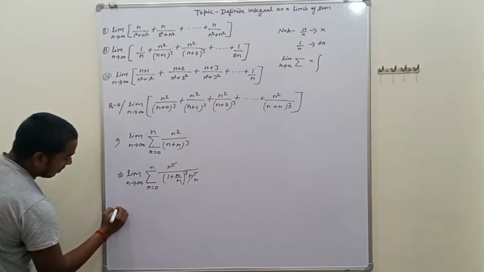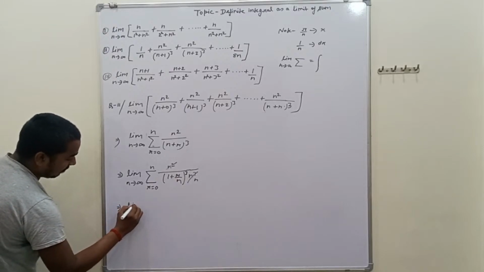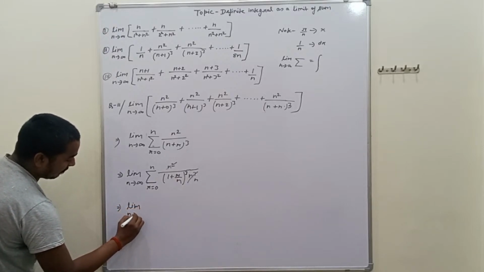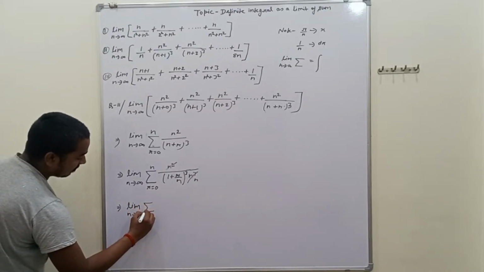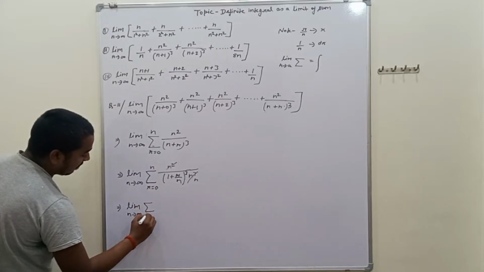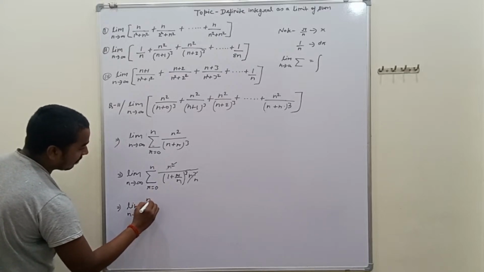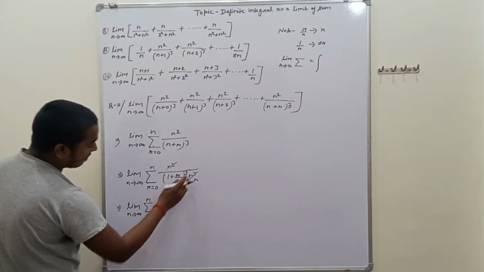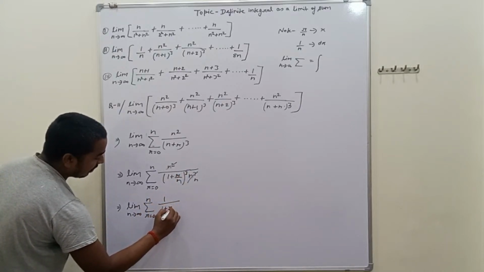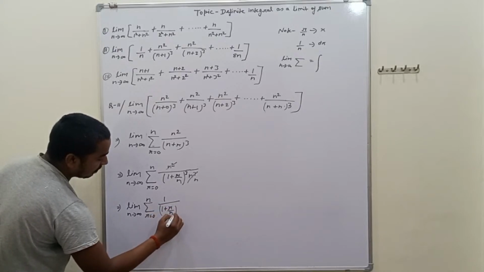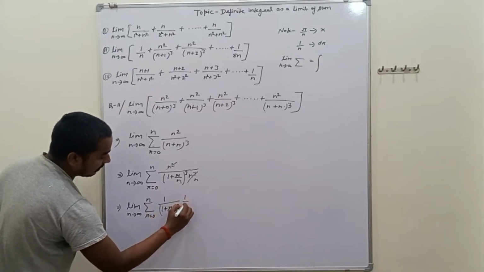So we have to further proceed. Limit of n tends to infinity, summation r equal to 0 to n, and remaining is 1 upon 1 plus r by n cube and 1 by n.